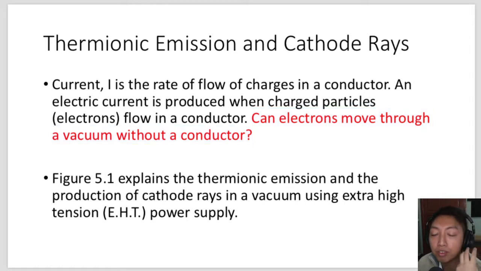So figure 5.1, which is in your textbook, explains the thermionic emission. I'll explain to you what all of this is. And the production of cathode rays in a vacuum using an extra high tension power supply.